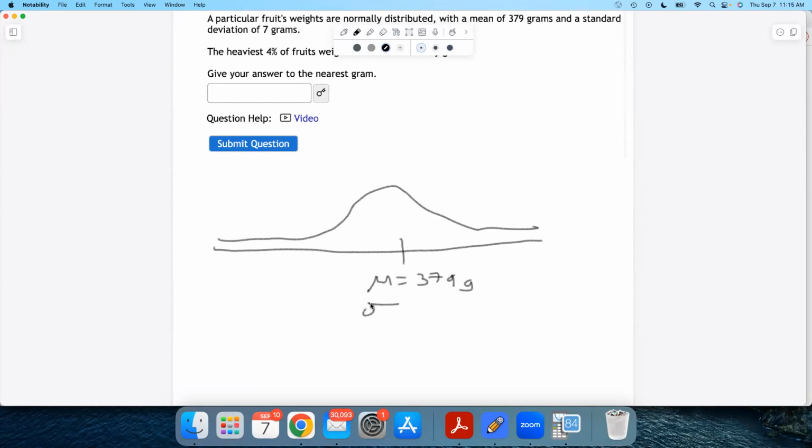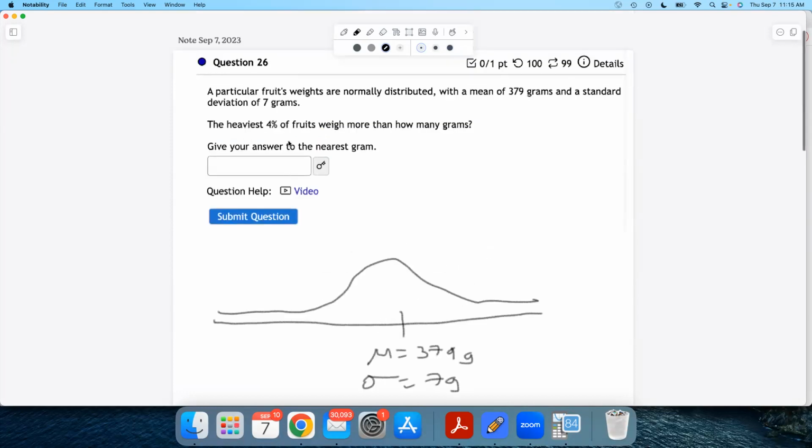And I'm told the population standard deviation, sigma, is 7 grams. I want to know the weight of a particular fruit so that 4%, I want this area up here, to be 4% or heavier than that.